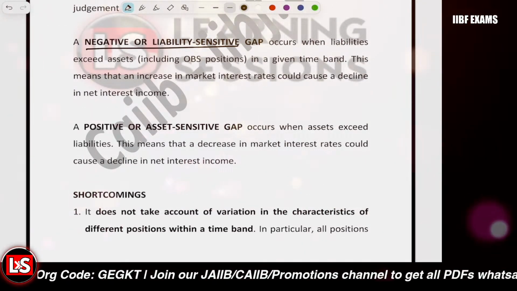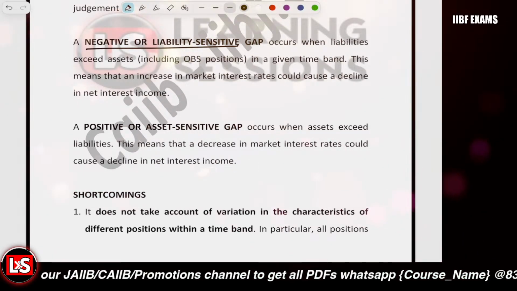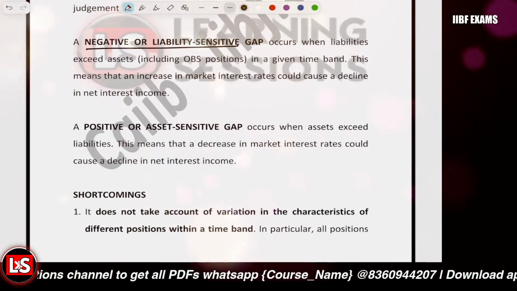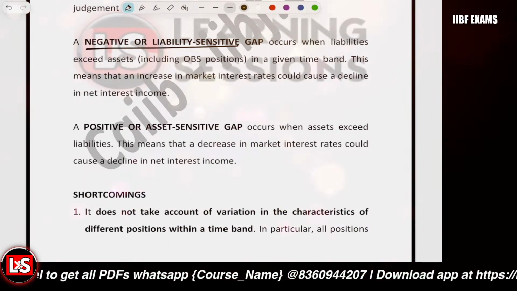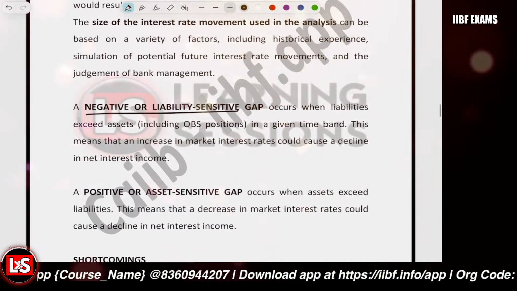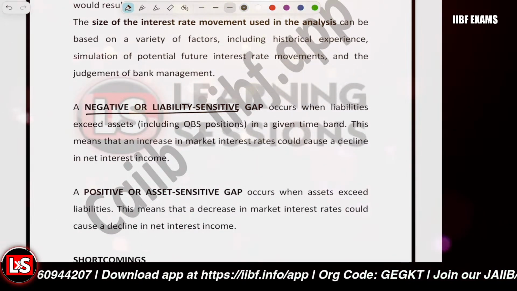So gap identifies the short term earning exposure, because gap analysis is from the earning perspective. So it is basically on a short term earning exposure basis. It identifies the short term earning exposures. And the gap analysis is used for what? It is used for asset liability management decisions.